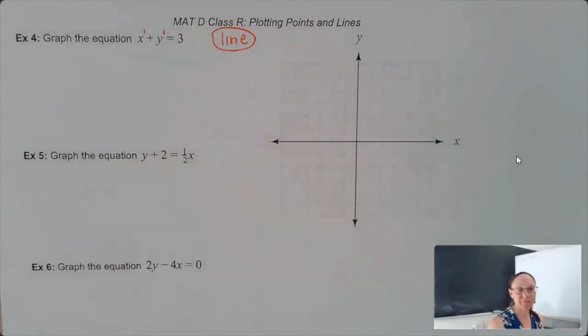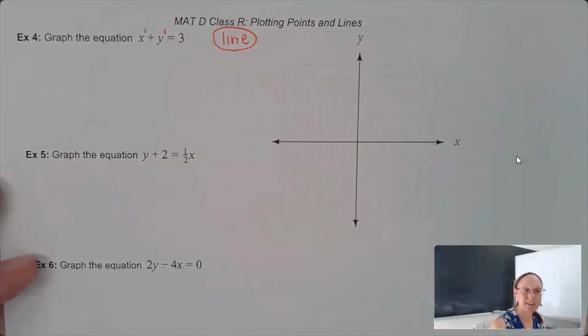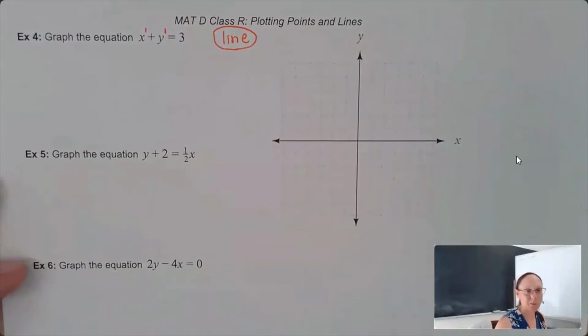So I just have to find 2 points, 2 ordered pairs that are solutions to this equation. For me, the 2 ordered pairs that I would be looking for are what happens when x equals 0 and what happens when y equals 0. And that's just because the numbers are easier to plug in.